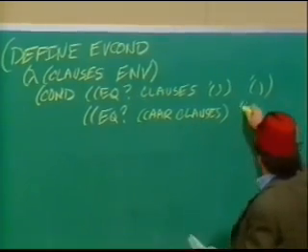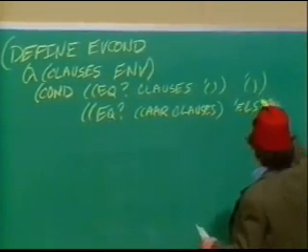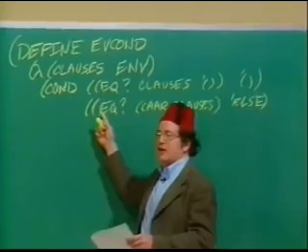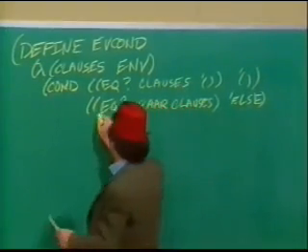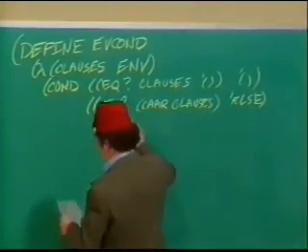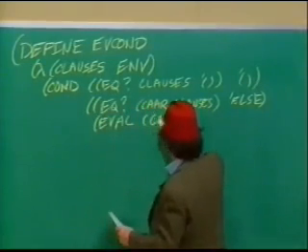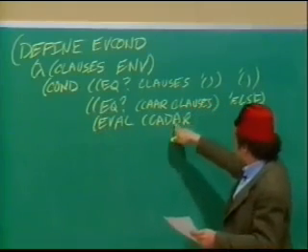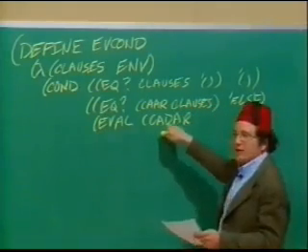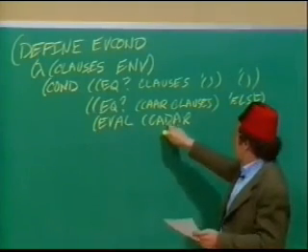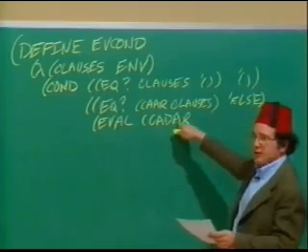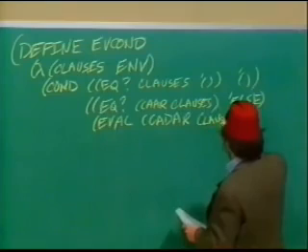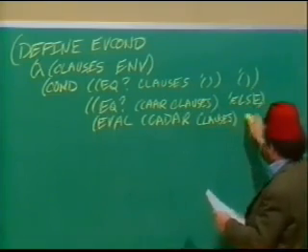If it's an else, then it means I want my result of the conditional to be the result of evaluating the matching expression. So I eval the cadar, so this is the first clause, the second element of it, cadar of the clauses, with respect to the environment.